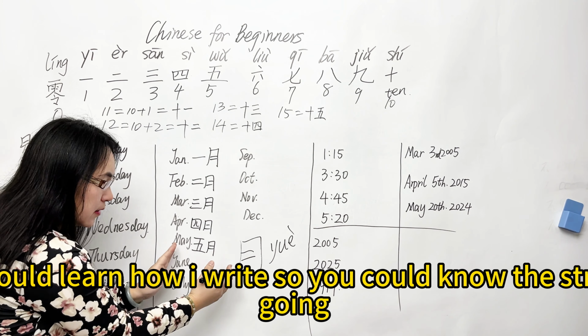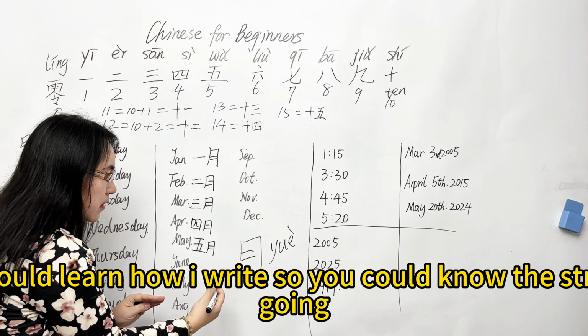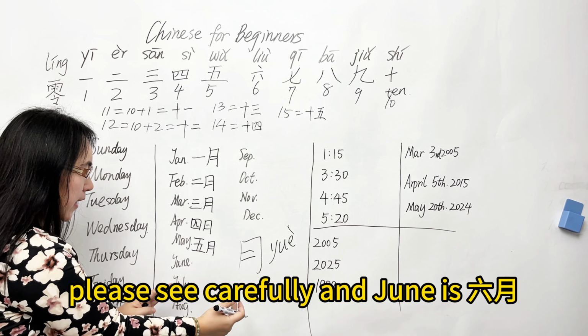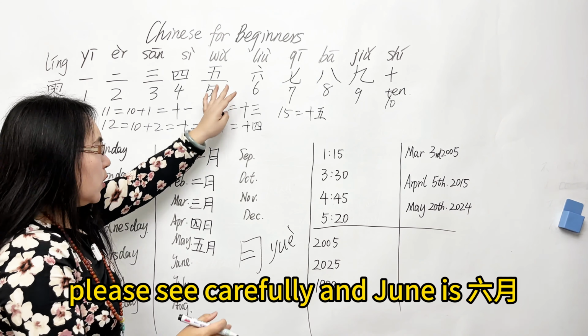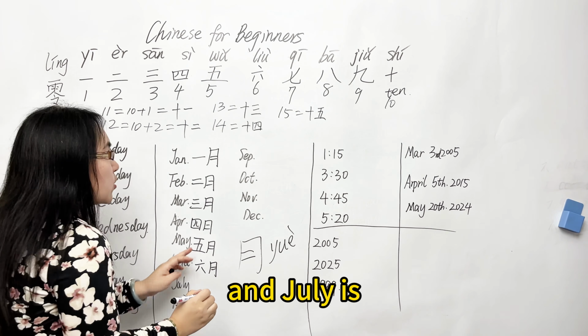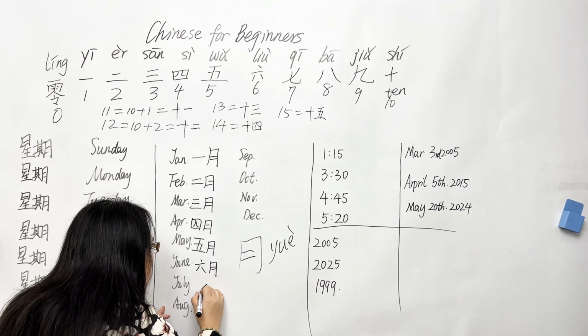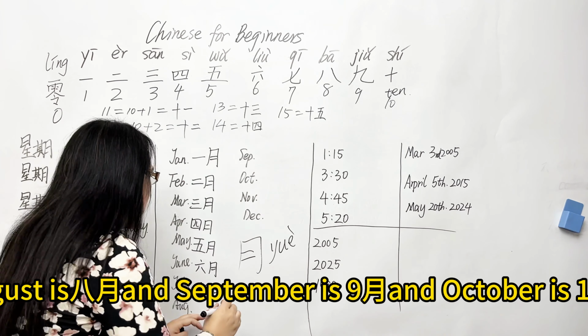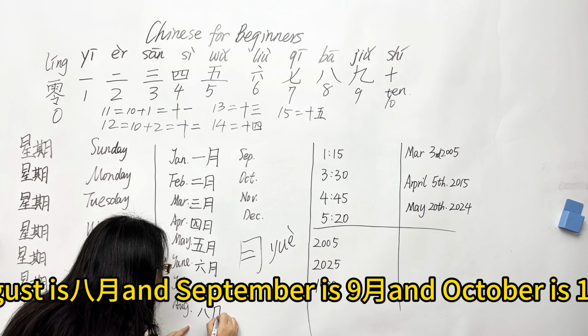You could learn how I write, so you could know how the strokes go. Please see carefully. And June is 六月. And July is 七月. August is 八月.